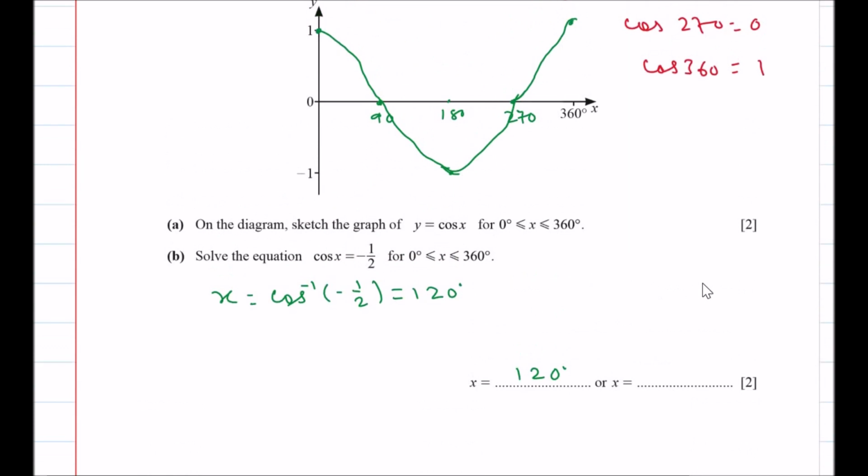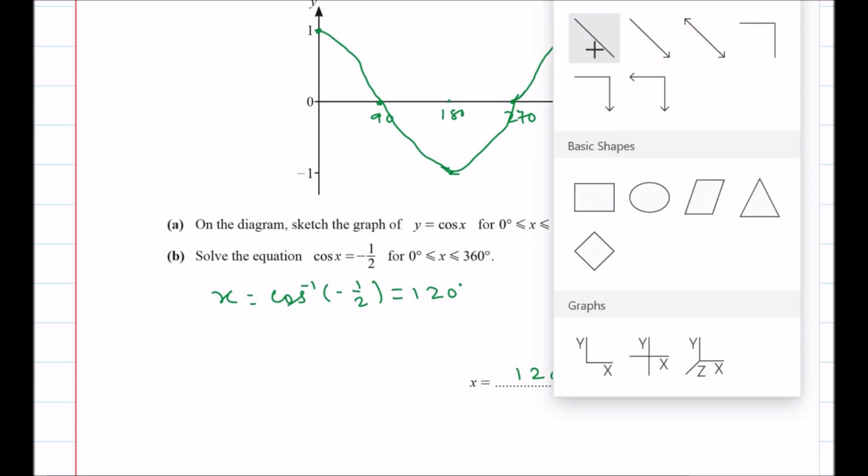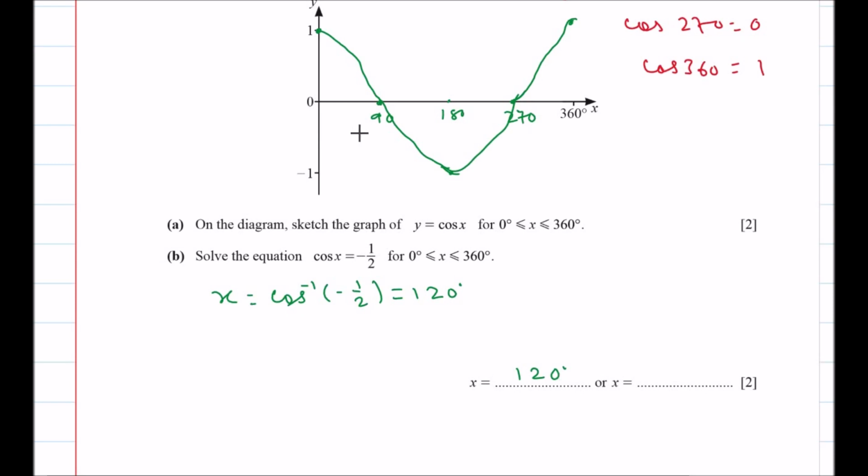Now easily you can see here for -half is the line here. Let me correct this here. Okay. These points are symmetrical. We have 2 points.